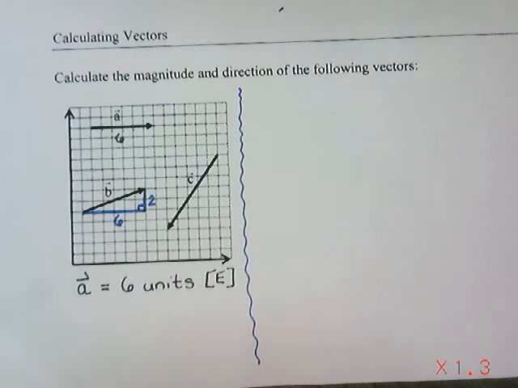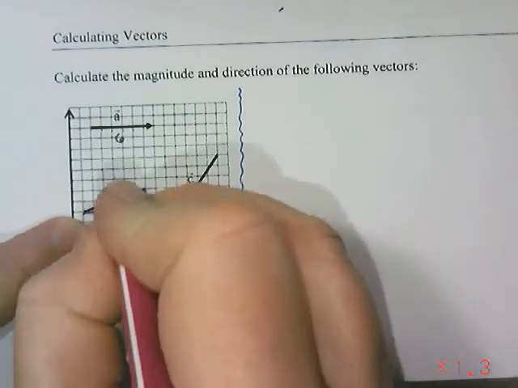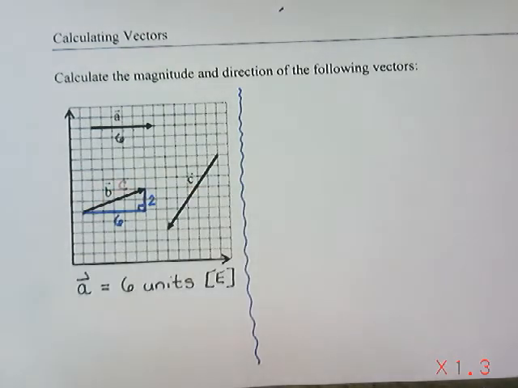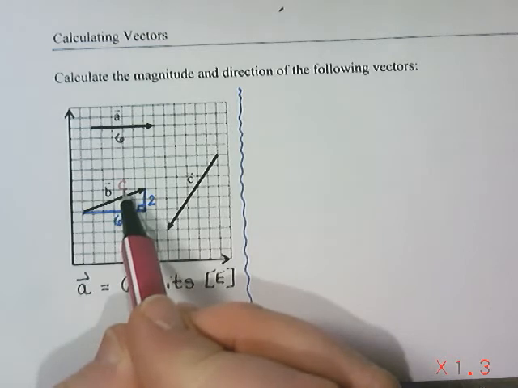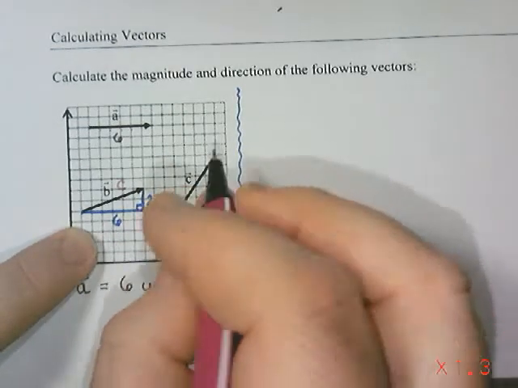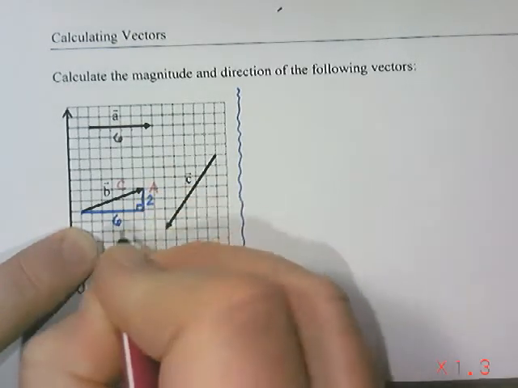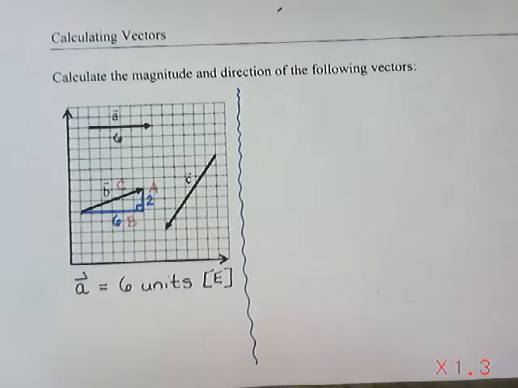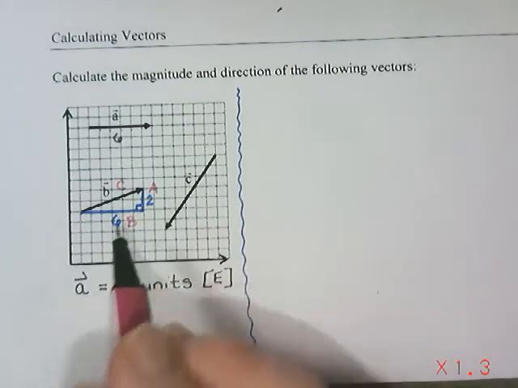When I'm doing Pythagorean Theorem, I use A, B, and C, which is confusing given we have vector A, vector B, and vector C. So I might use uppercase letters here. The hypotenuse is always the largest side across from the right angle. So that's this one here, that's C. And then A and B are my other 2 sides, and it really doesn't matter which one is which. So I'm going to let that one be A and this one be B.